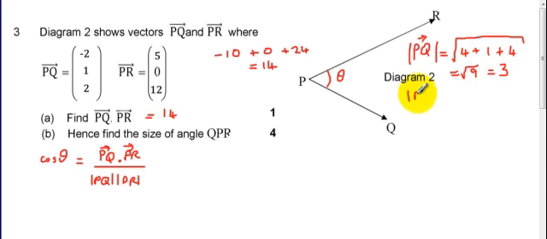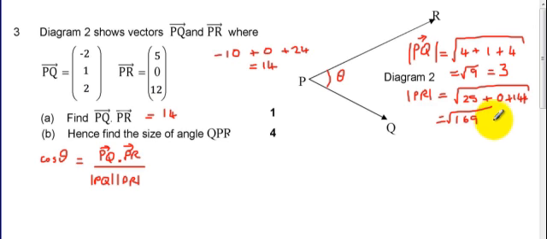The magnitude of PR is the square root of 5 squared, which is 25, plus 0 squared, which is just 0, plus 12 squared, which is 144. So this is the square root of 169, which is 13.